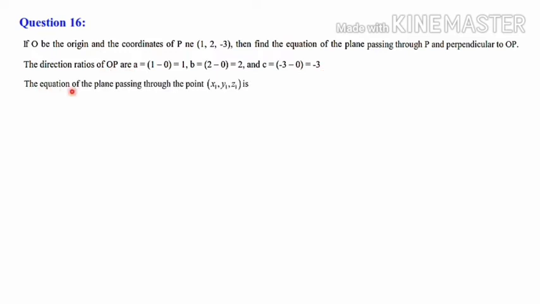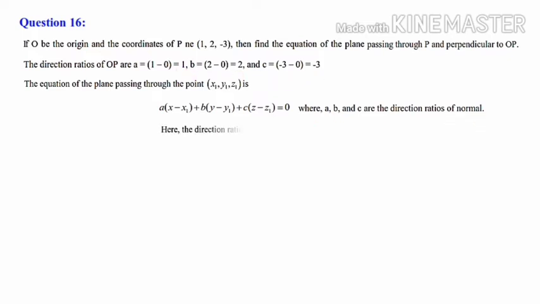Then the equation of the plane passing through the point x1, y1, z1 is a into x minus x1 plus b into y minus y1 plus c into z minus z1 is equal to 0, where a, b, c are the direction ratios of normal. So our normal is OP, because the equation of the plane passing through P and perpendicular to OP, that is what we have to calculate. So perpendicular is the normal, so our normal is OP. So the direction ratios a, b, c we have got, that is 1, 2 and minus 3.